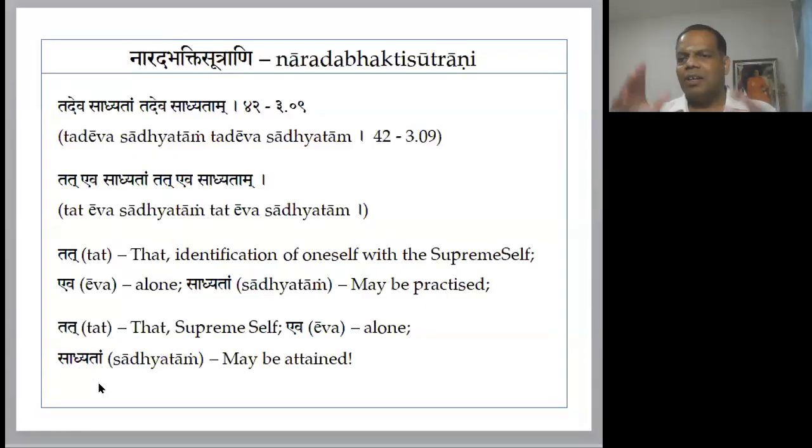In this world, God should be our sole objective. So one is you have to practice that ability of identification of the individual self with the Supreme Self. Then God is the only one which is to be attained. Nothing else in this world is worthy of being attained. So that's what is mentioned in this sutra according to my understanding.